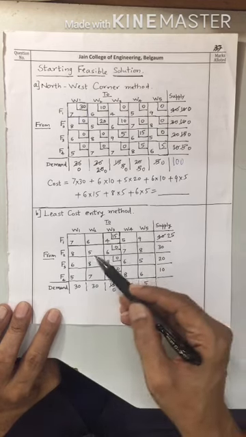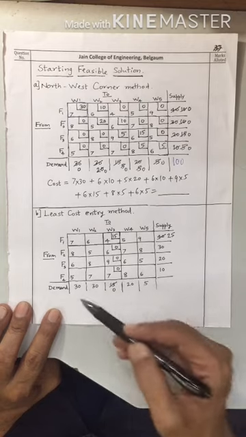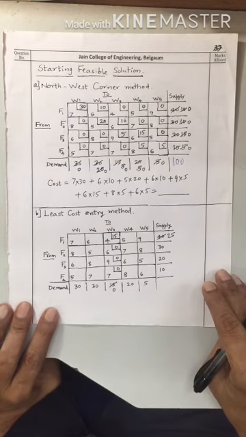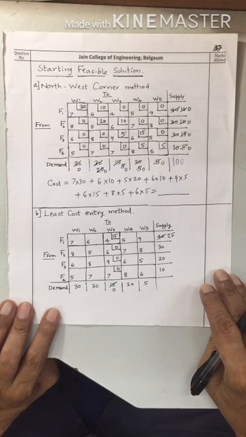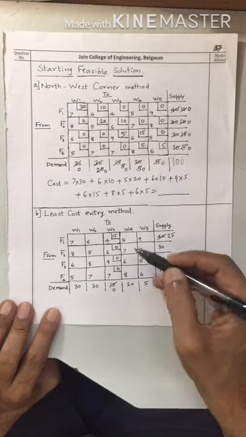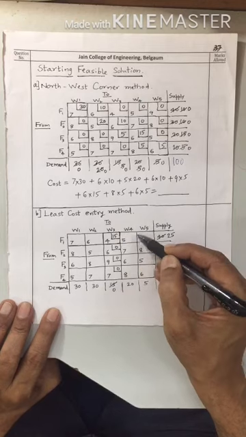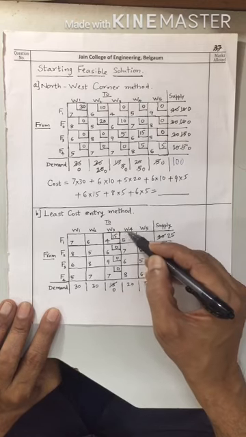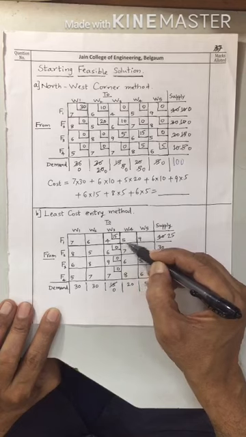Whenever there is a tie like this, with 4 cells having the same least cost, the tie has to be broken by randomly choosing any one. So I shall choose this cell, that is 1, 4, for making the decision.